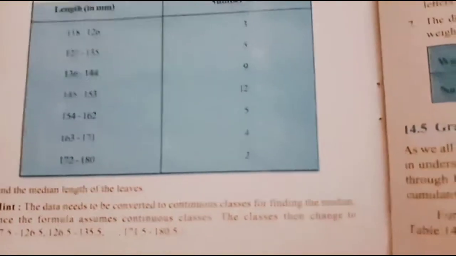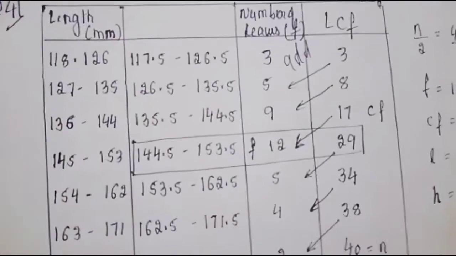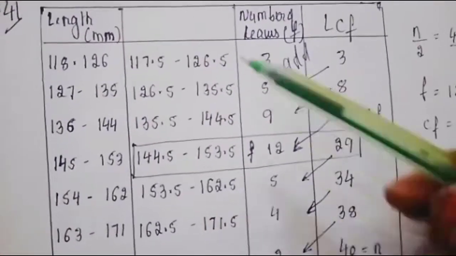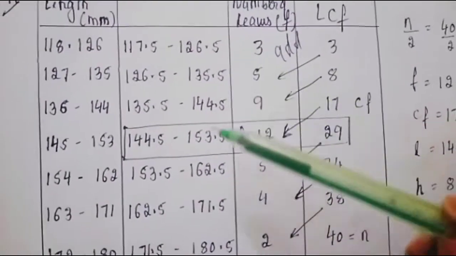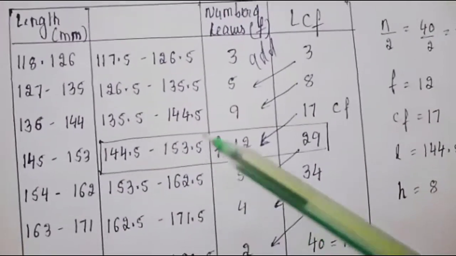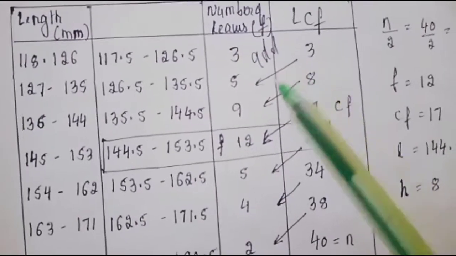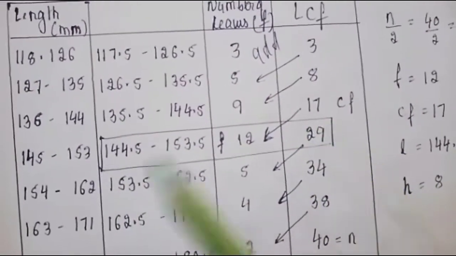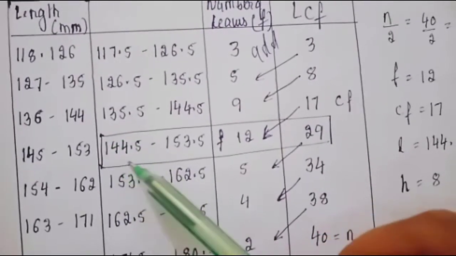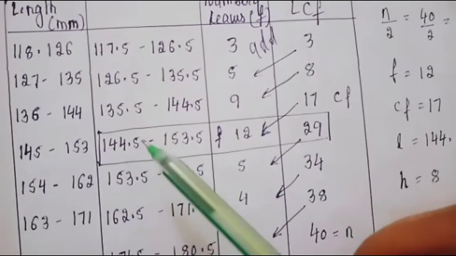Let me explain. You can see here the length in mm, these are inclusive type. Now I converted the class intervals into exclusive type. The only reason to convert into exclusive type is that we are taking a median class here. When we take the median class, we have to take L, the lower limit, as 144.5.